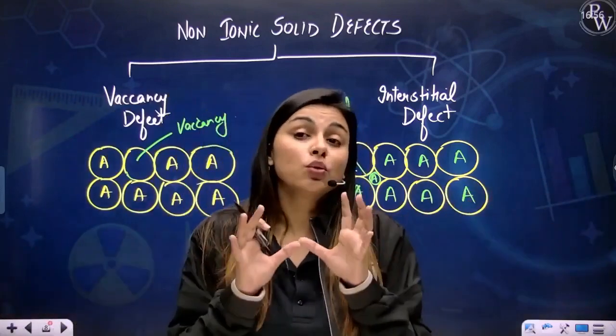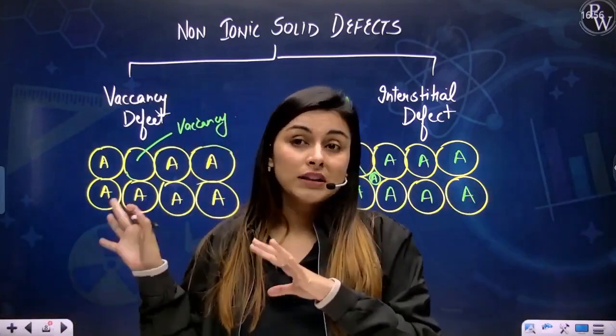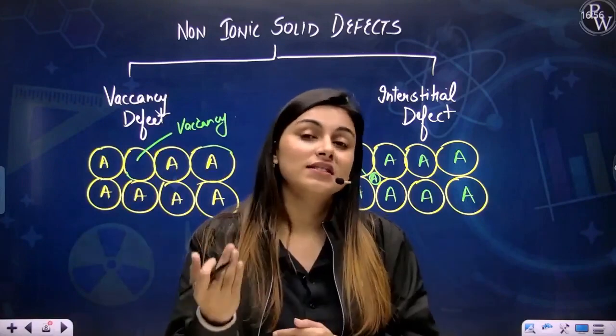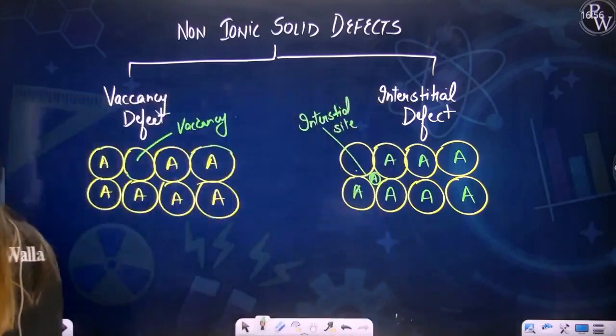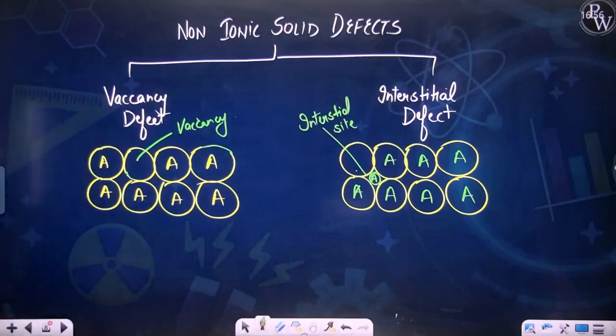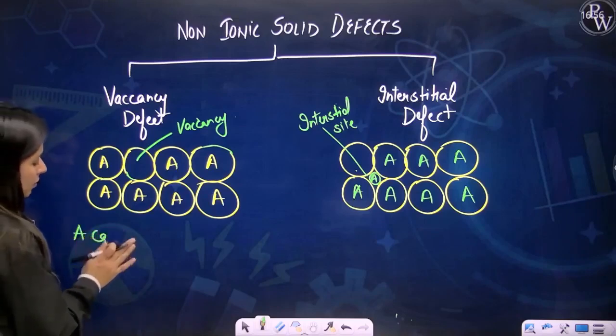But you got an idea from these of what we are going to discuss in ionic solids. I'll make you understand, don't worry. First write it down and then we'll move forward. If you want to write it, you can write: a vacancy is created.